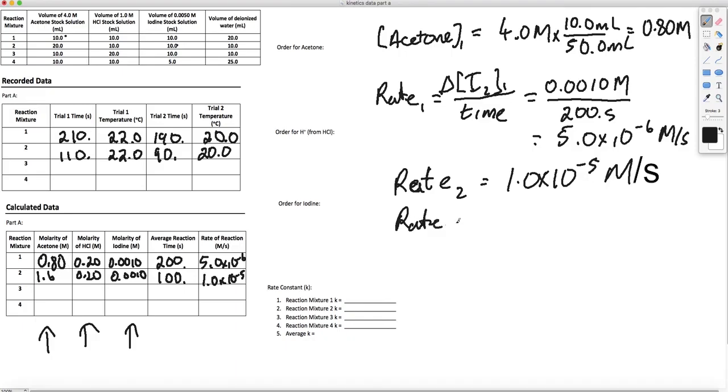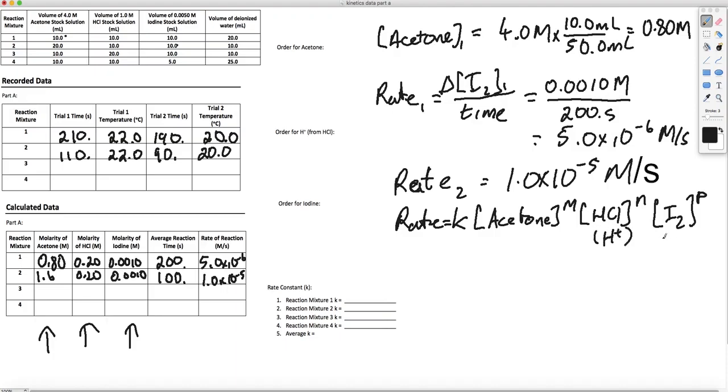So remember what the rate law looks like. It's rate equals K, acetone, and that's to a certain power M, HCl, and that's to a certain power N, and the I2, which is to a certain power P. Now this may be expressed as H plus as well.